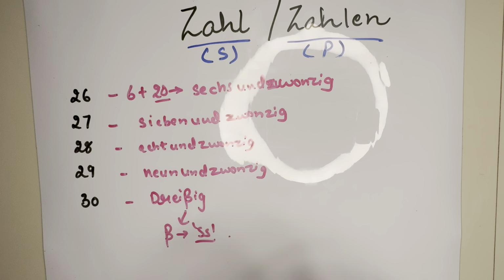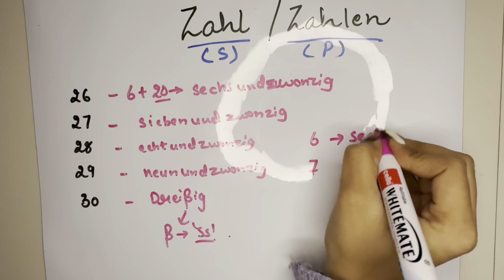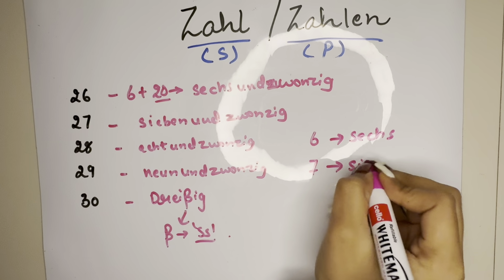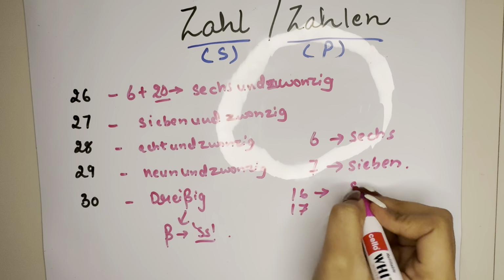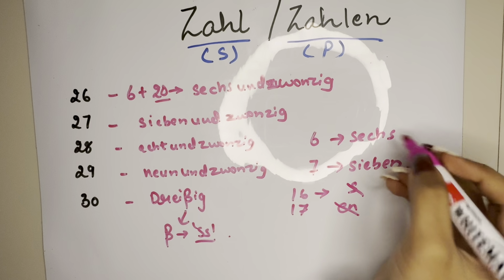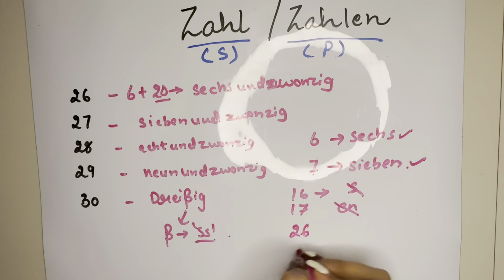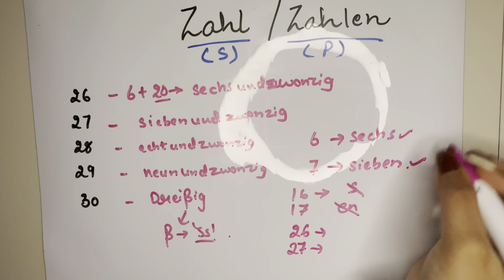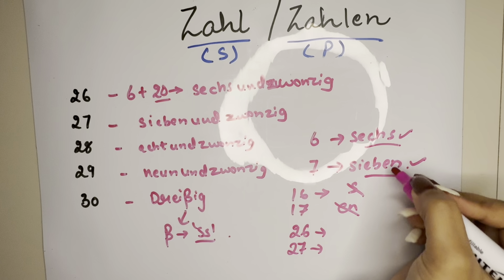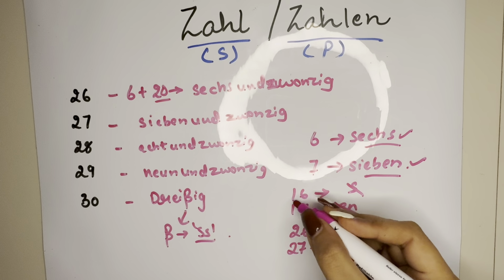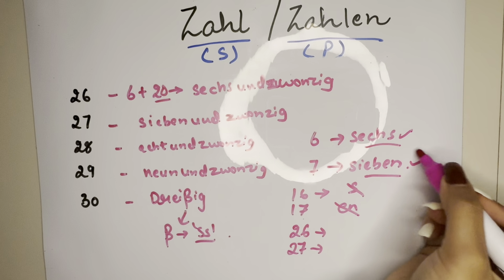So one thing I want to clarify is that in 16 and 17 we do not include the s and en of these words, but in 26 and 27 we include the full sechs and full sieben.